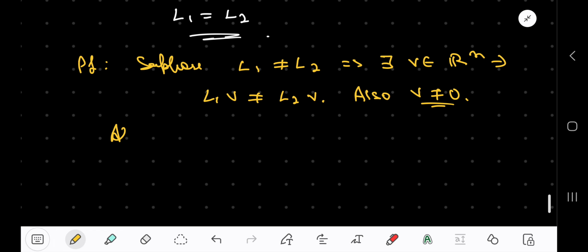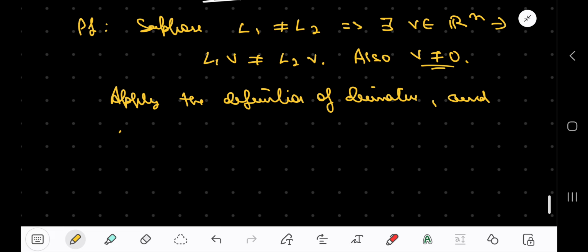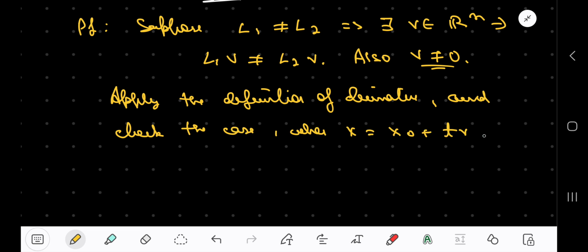Then just apply the definition of derivative, and check the case where x is just x naught plus t times v for some t, and you will come to a contradiction. Okay, you will come to a contradiction, just check it out. Fine.